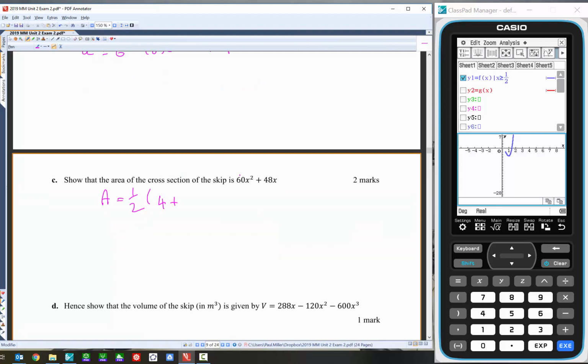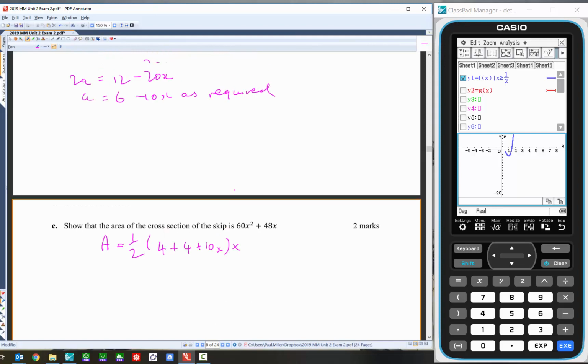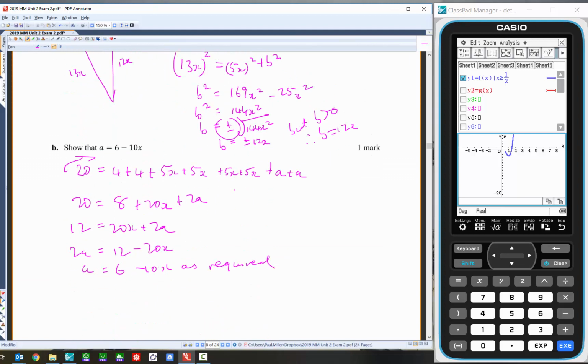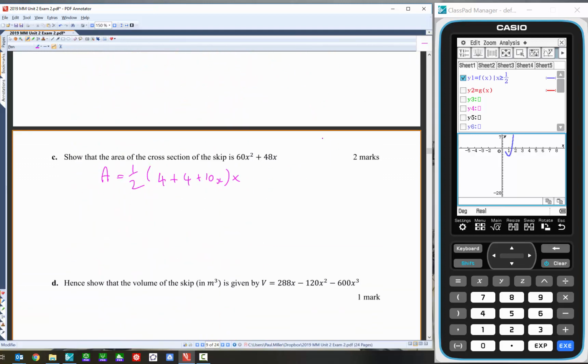Our b was 4 with 2 lots of 5x on it, so that's 10x, multiplied by the height, which we worked out in part A, was 12x. All right. So what we want to have happen here is that this becomes this.